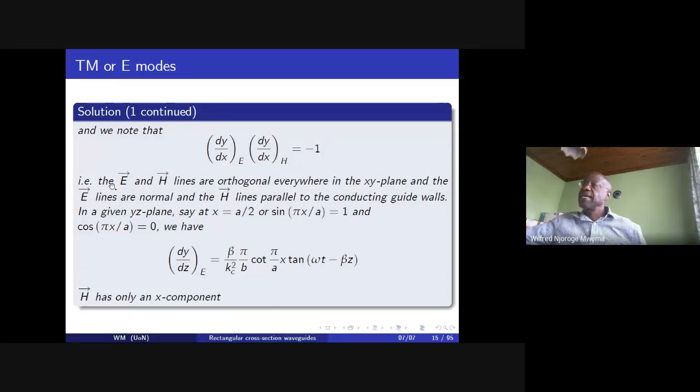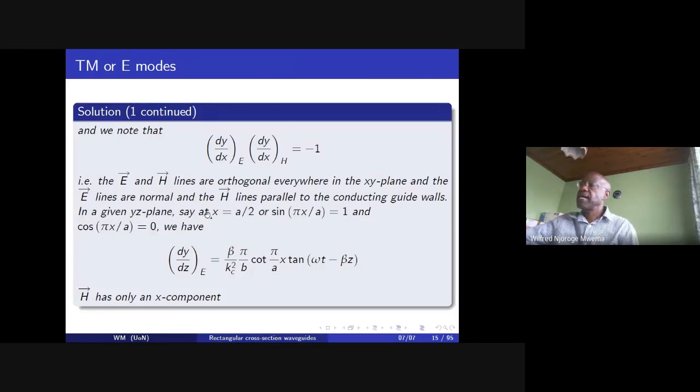And that means that both the electric and magnetic field intensity lines are orthogonal. They are at right angles everywhere in the xy plane. And the E lines would be normal, and the H lines parallel to the conducting guide walls in a given YZ plane.